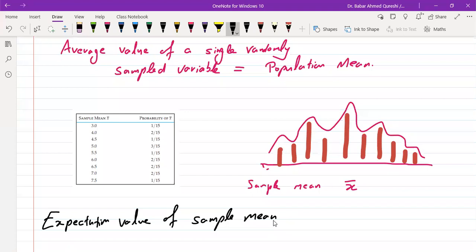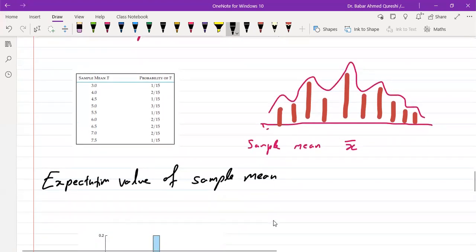So it's just that sample mean is a random variable, and now you're computing its probabilistic average value, its probabilistic expectation value. Since sample mean is a random variable, you compute the probabilities and you do this.